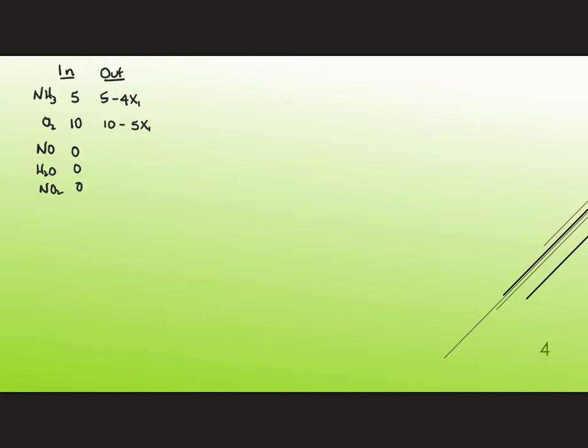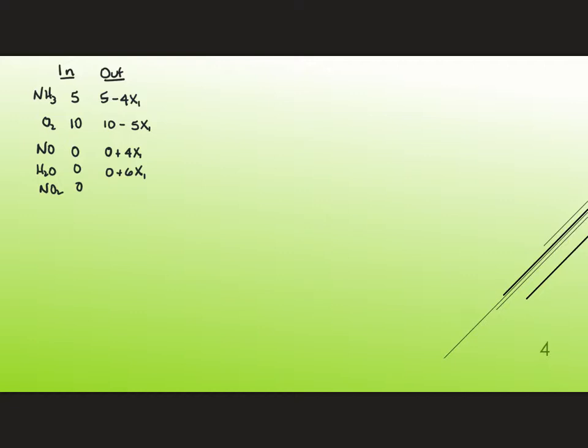But I also know that I'm going to create products. So I start with 0 and I create 4 x1 of NO and 6 x1 of H2O. But I have reaction 2 also occurring.